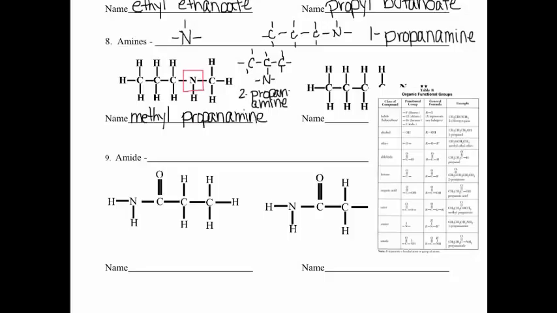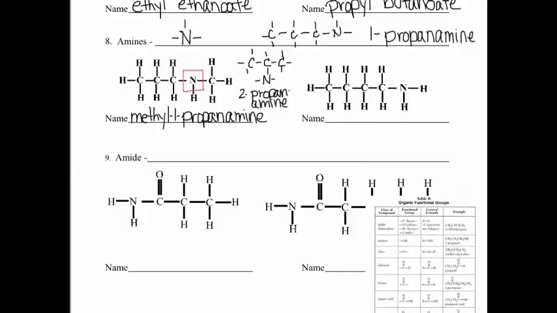methyl propanamine. And then in the example we had a number, so we have to give a number to where that nitrogen is attached to that propane chain, and it is attached to the number 1 carbon, so we're going to wedge that in there. I've never seen them do that to a student on the exam, but just so you know how you would do that.